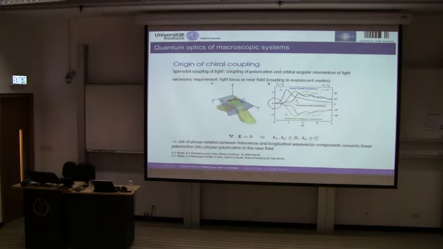So if you start from your relation that the divergence of the electric field must be equal to 0, then if you look at, for example, an evanescent wave, you find that kx and ky are real numbers, and the wave factor component in the z direction is complex, an out-of-phase relation between these transverse and longitudinal wave factor components, and that indeed converts the linear into the circular polarization of the light field in the near field.